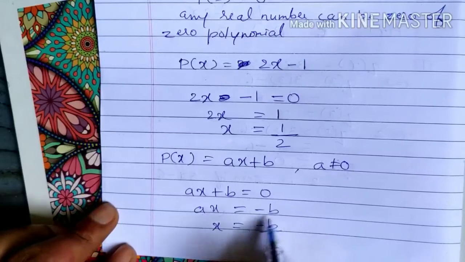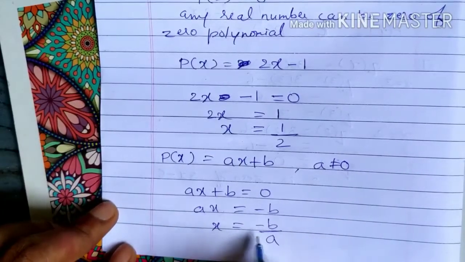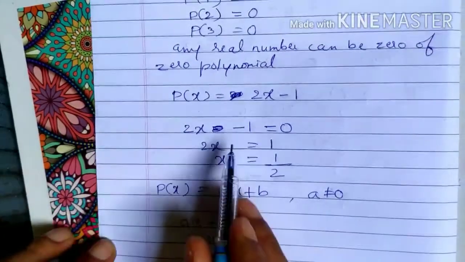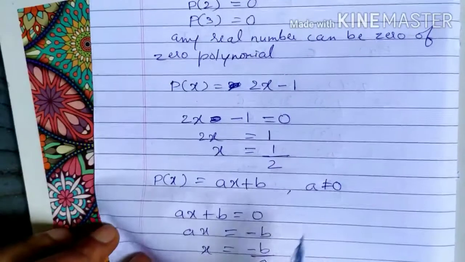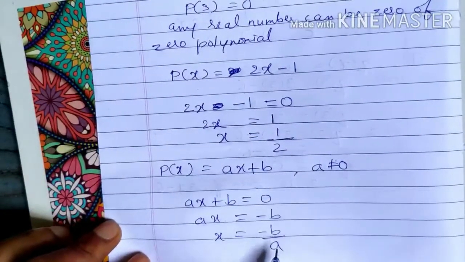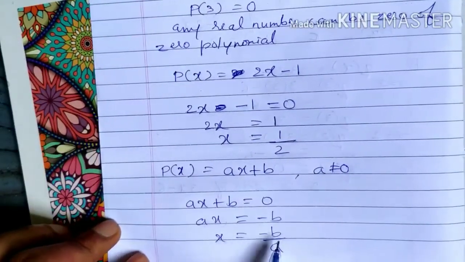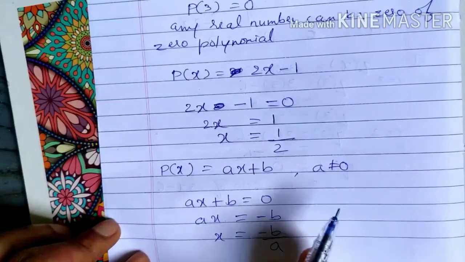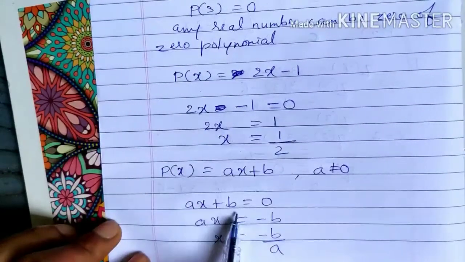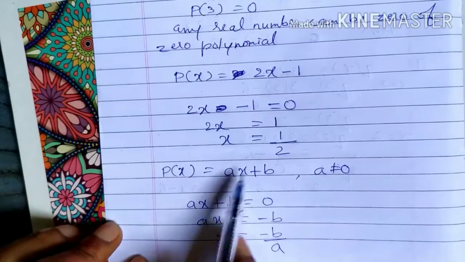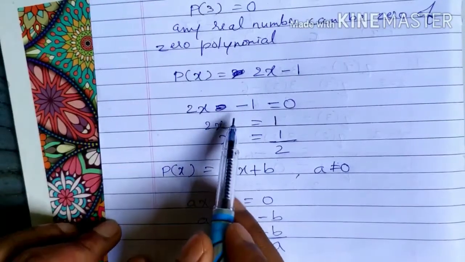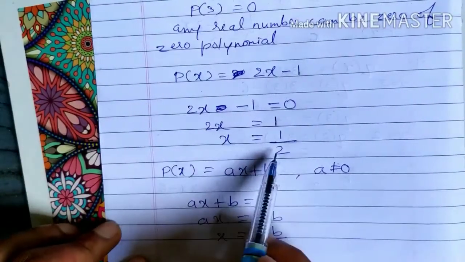Either you can remember it as the formula x is equal to minus b by a, or you can follow these steps, that's all. So no need to remember this formula also. So x is equal to minus b by a is the formula to find the zero of a linear polynomial, or you can just go through these steps. Like this also you can simplify.